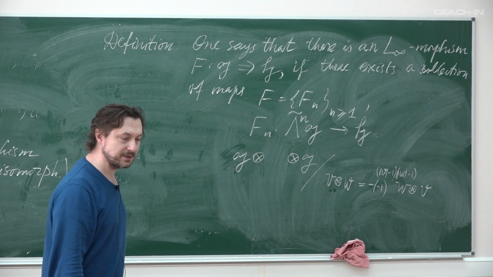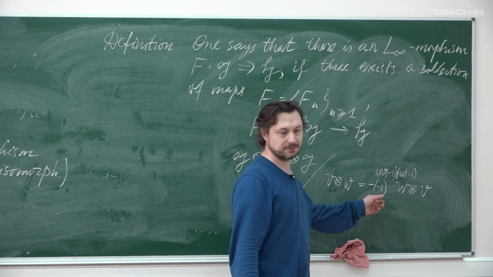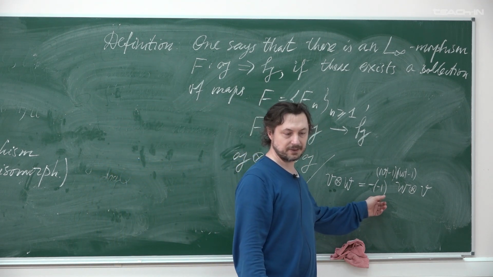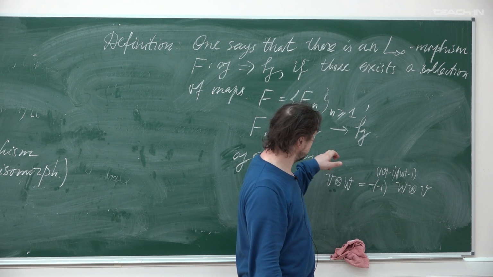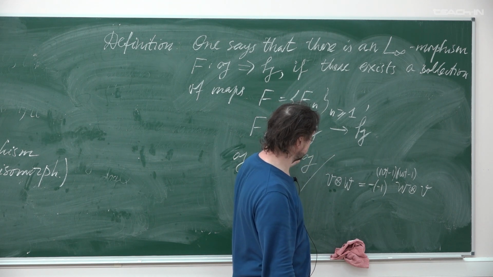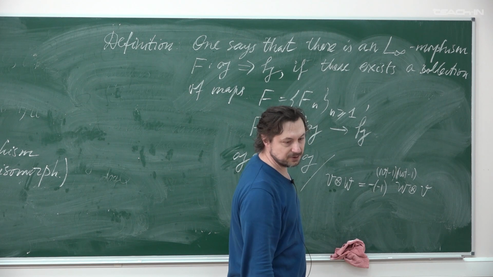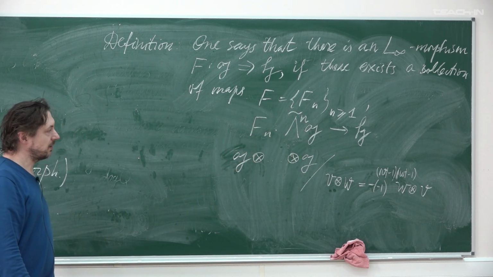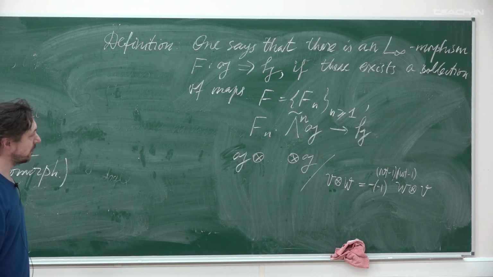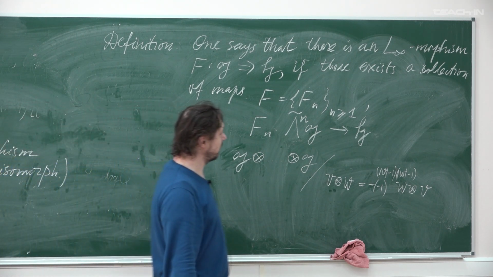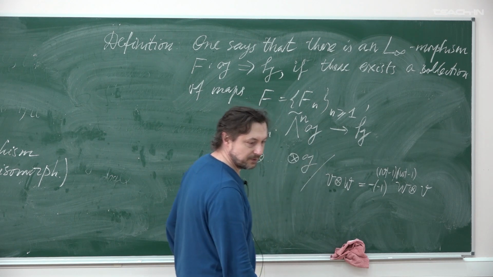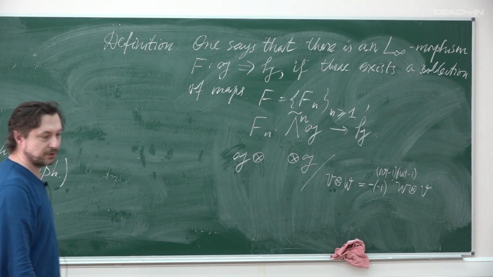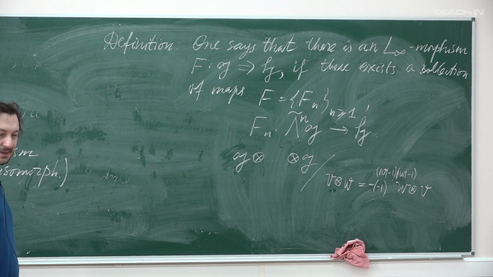So let me put this here and just use this sign rule. This sign rule is correct. But if you want to identify this kind of product with the usual wedge product, you really need to make another shift before you do it. Okay? I just don't want to get further into details.